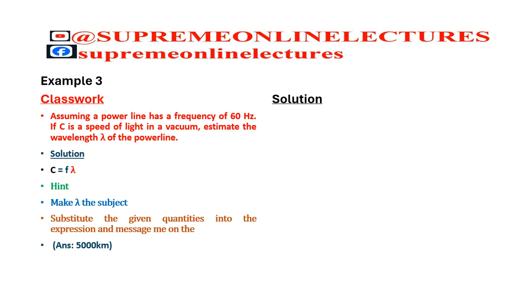Okay, let's see what the solution is. This is what I ask you to do. When you make lambda the subject, this is how the new expression would be. Substitute the values.